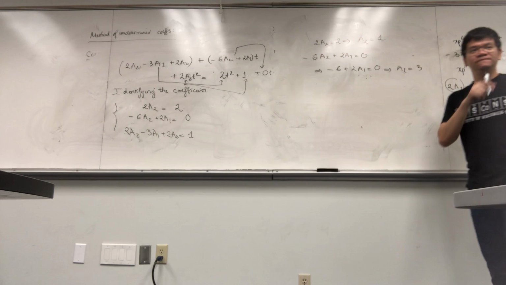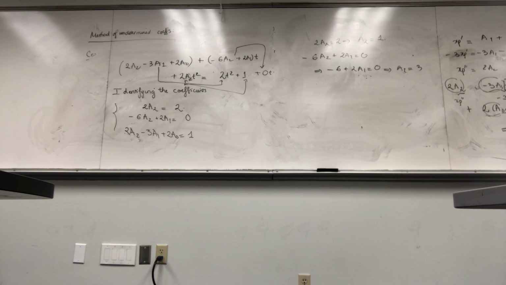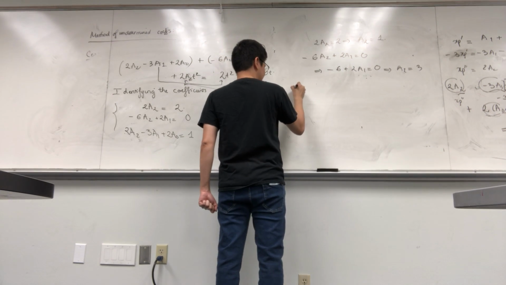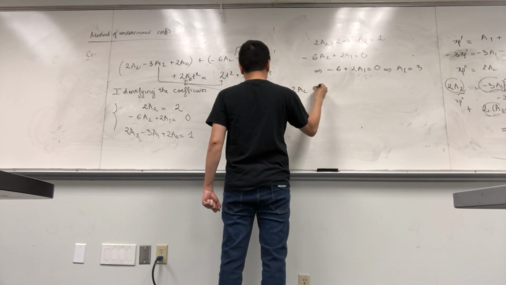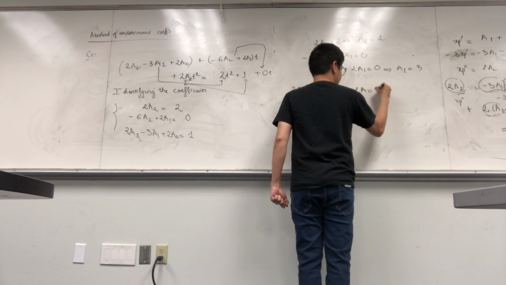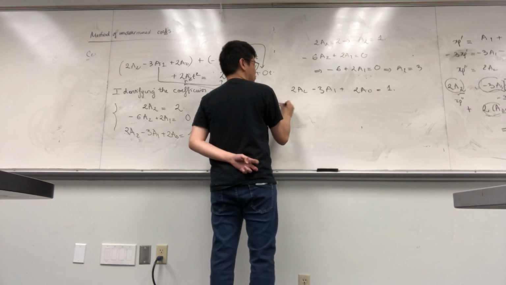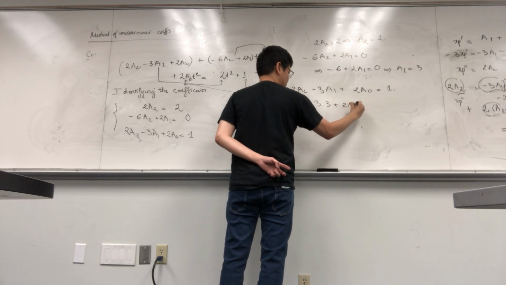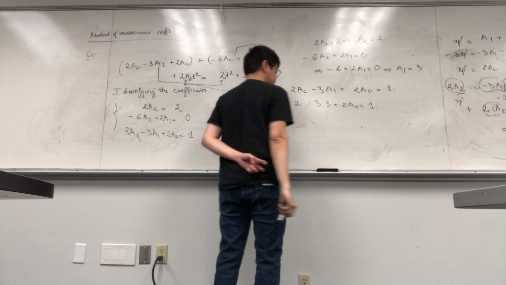The last equation, you can do the same thing, just plug in a2 and a1 into the equation and solve for a0. So you have 2a2 minus 3a1 plus 2a0 is 1, which means that 2 minus 3 times 3 plus 2a0 is 1.